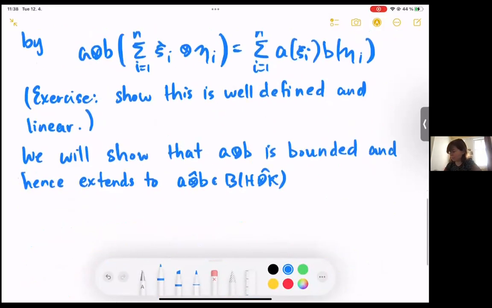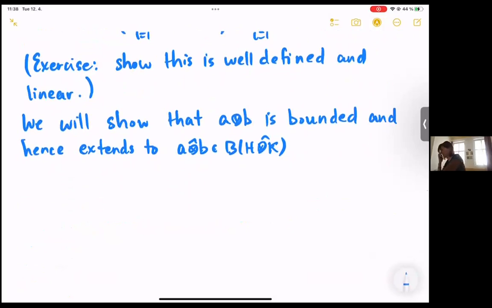So uniqueness will follow from just showing existence in this case.